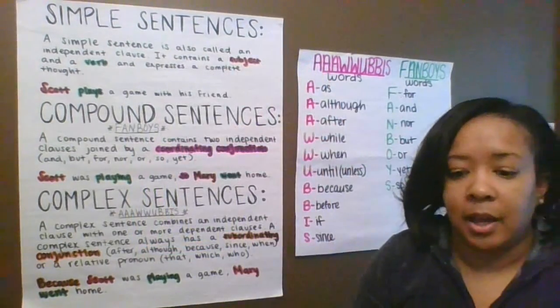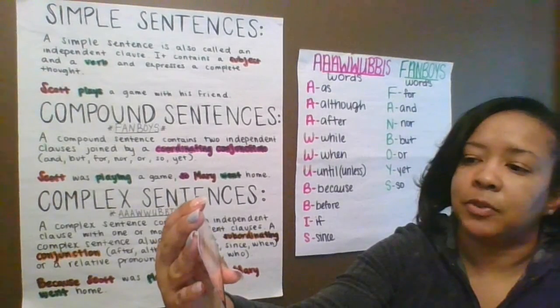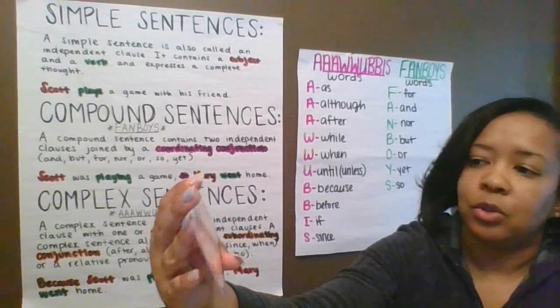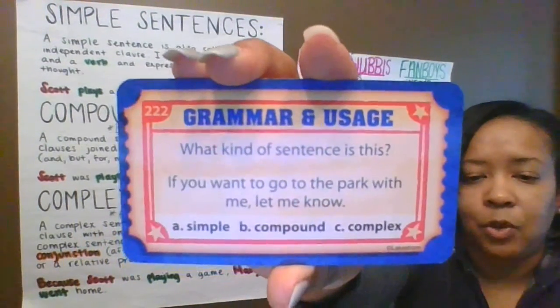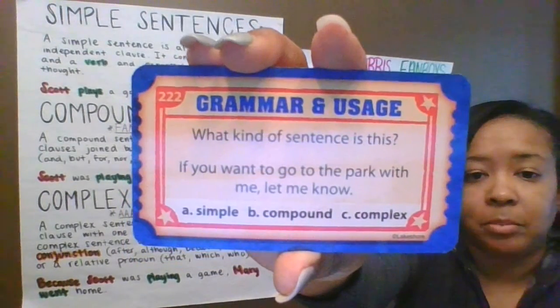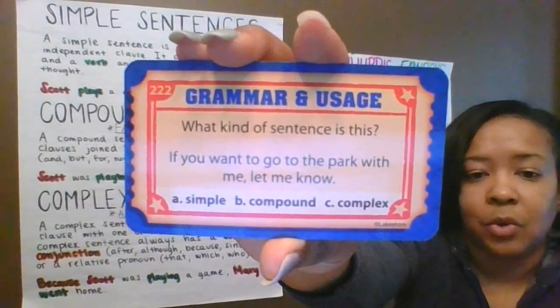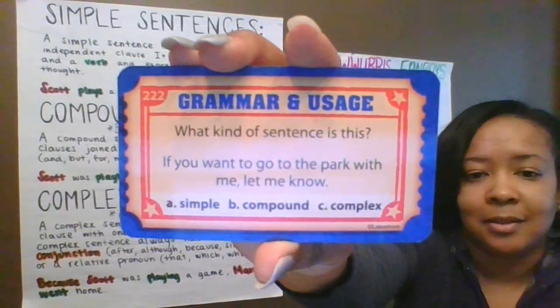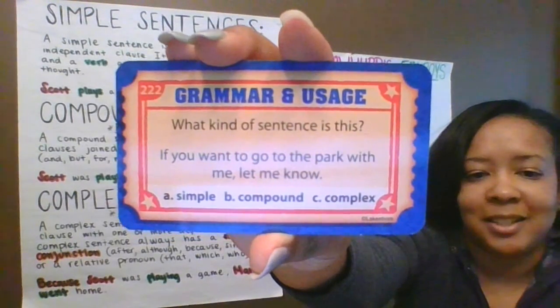Now, let's look at one together. What type of sentence is this? If you want to go to the park with me, let me know. Is it a simple sentence, a compound sentence, or a complex sentence? It is a complex sentence.